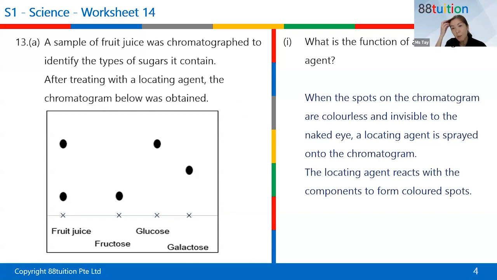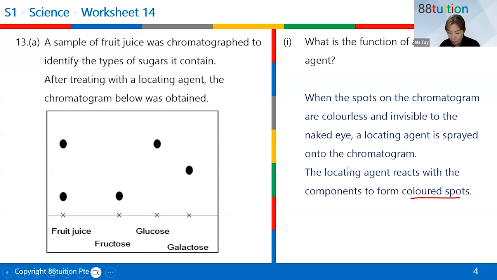Usually it comes in the form of a spray. So we just spray on this chromatogram and the chemical will react with the colorless spots to produce a colored substance. So you are going to see colored spots instead. Okay, so this is actually the colored spots after you put the locating agent.